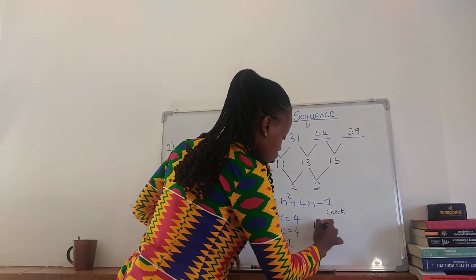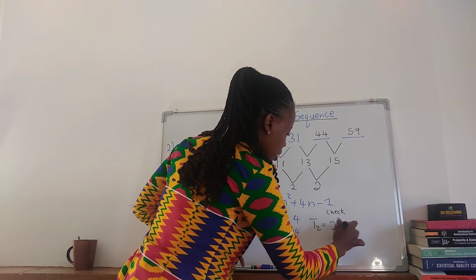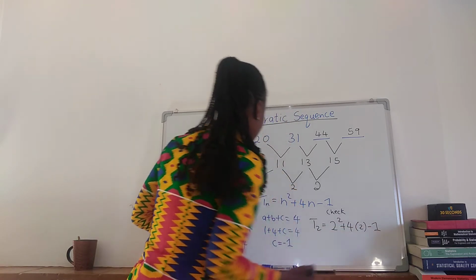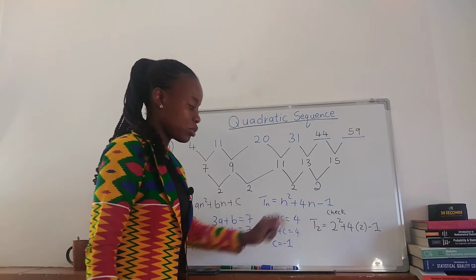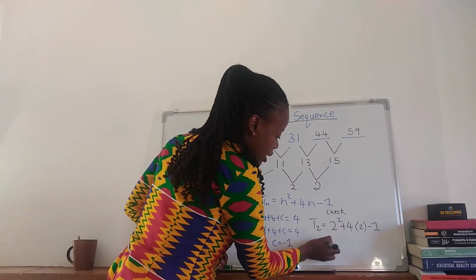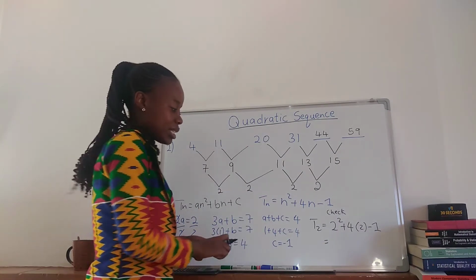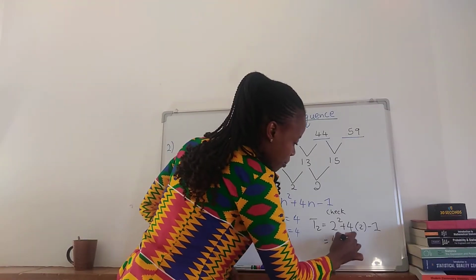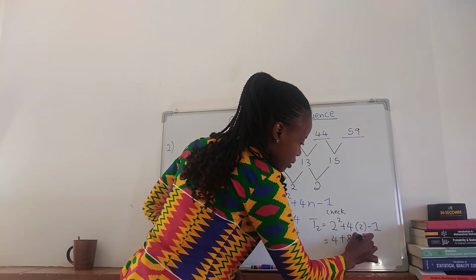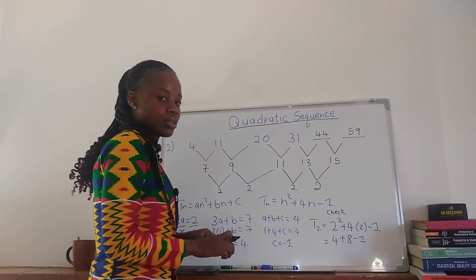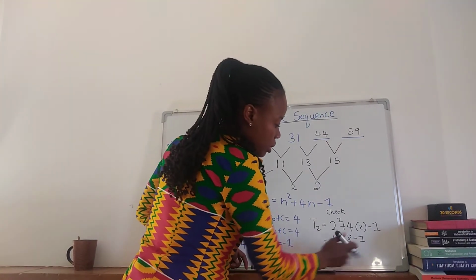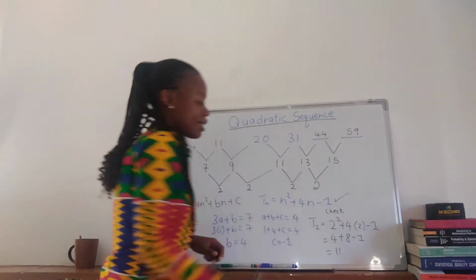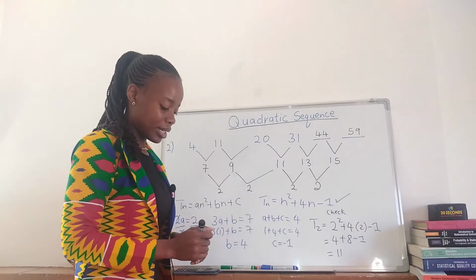So T2 equals 2 squared plus 4 times 2 minus 1, right? We're supposed to get 11. So we are checking if we're going to get 11. If you don't get 11, it means that this is wrong, right? So we're going to have 4 plus 8 minus 1, right? This is 12 minus 1, which is 11. So which means that our nth term expression is correct.